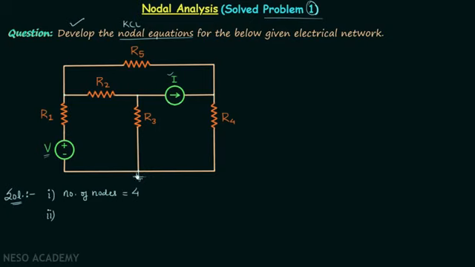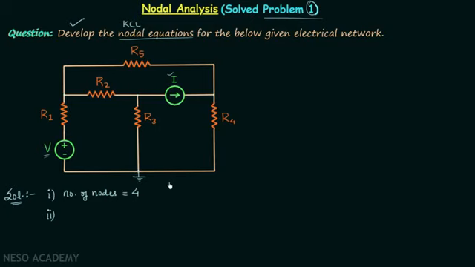Therefore we have connected ground to this node, or you can say we have grounded this node. We know the reference node is usually the node where the maximum number of branches are connected, but I told you to forget about this point and simply choose the bottom node as the reference node.